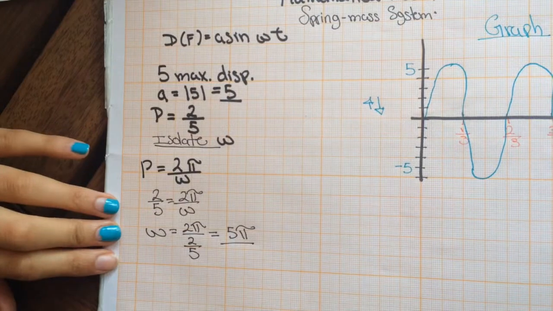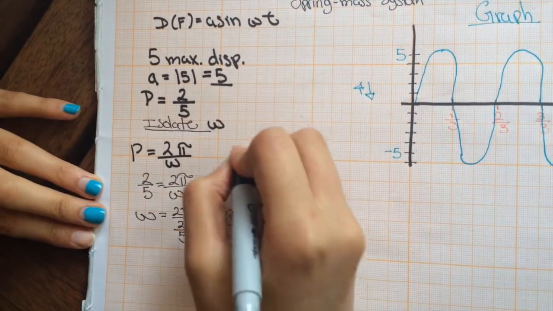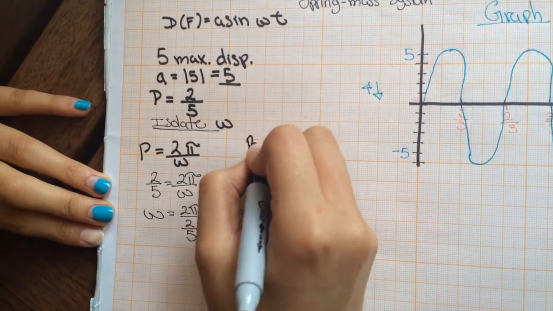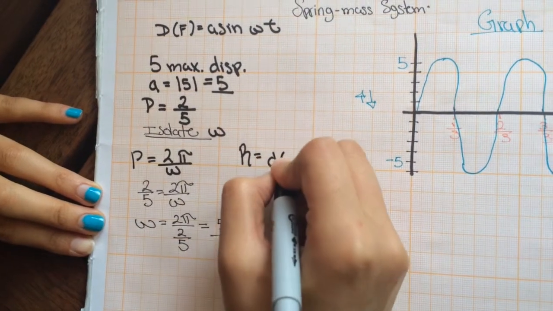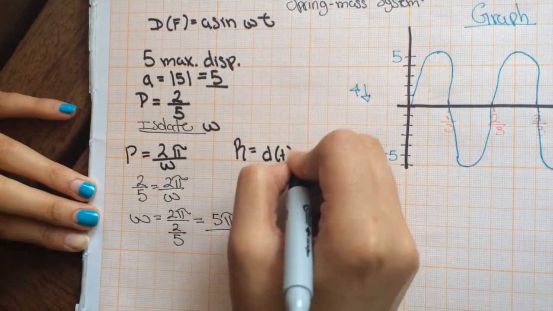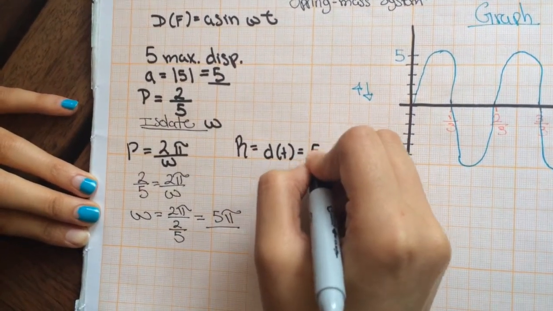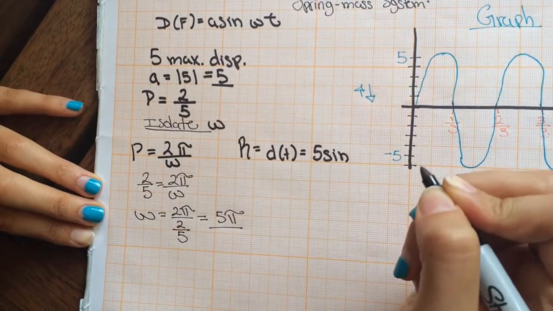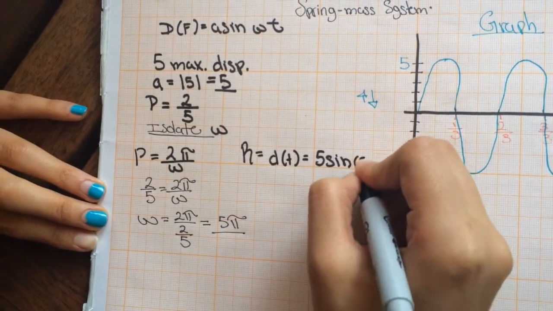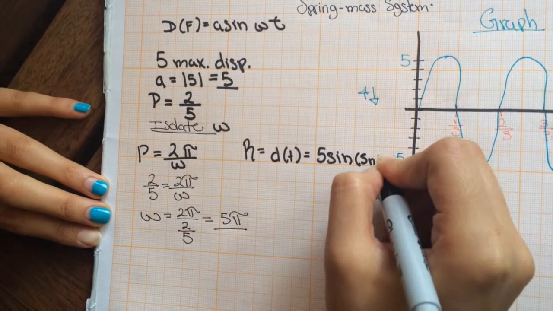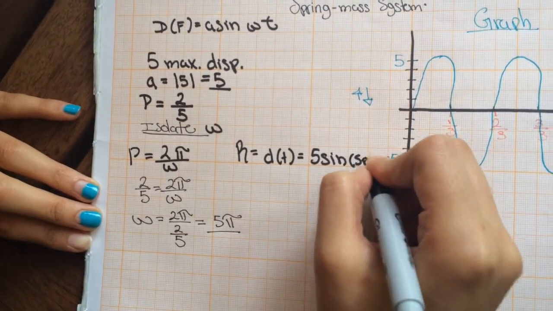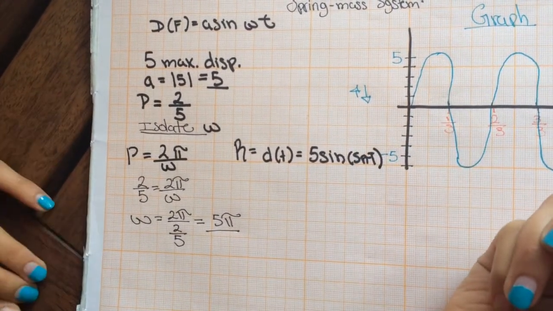Now that we've isolated omega, we're going to write down the answer for our whole graph. That is the equation of the graph that we're asked for. And there you have it, that's our answer.